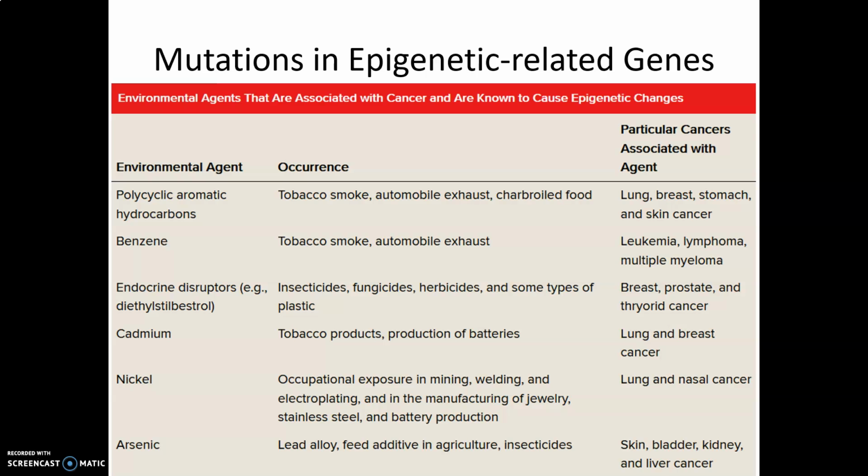Okay, those changes can be affecting DNA methylation, histone modification, and chromatin remodeling. Okay, and then again, like we've seen before, these agents are associated with certain types of cancers. And you should start to see that there are a set of cancers that are highly associated with epigenetics. We've seen leukemia, we've seen myeloma, breast, prostate, lung, again and again.